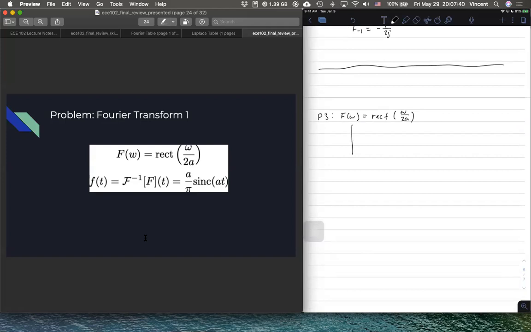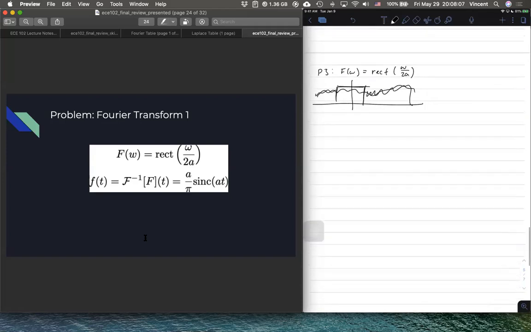If you have some signal with this kind of Fourier transform, and you only want to allow low frequency signals, then you'd put a low pass filter on top. That will cancel out all the other high frequency components, so this will go away, this will go away. And this low pass filter is basically just a rect function. That's one common usage.